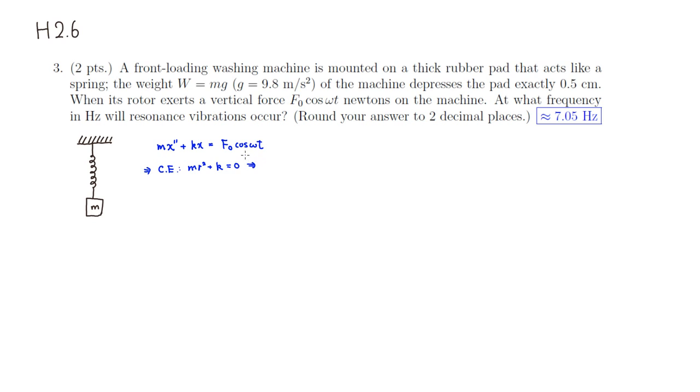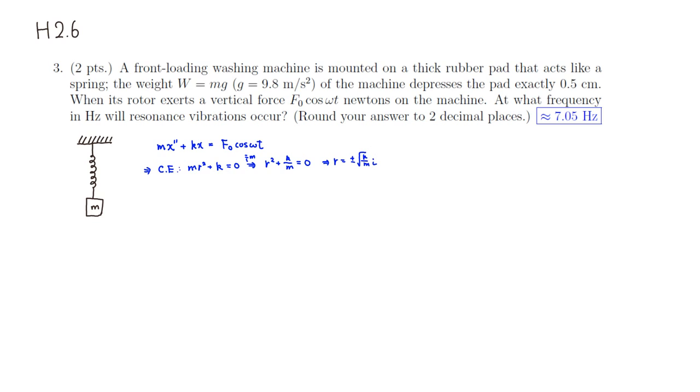Then I'm going to divide through by m to get r squared plus k over m is equal to 0. So r is going to be plus or minus the square root of k over m times i.